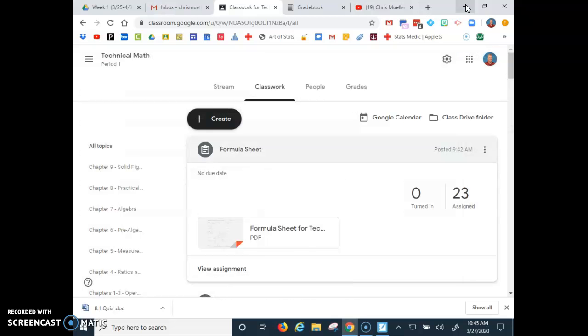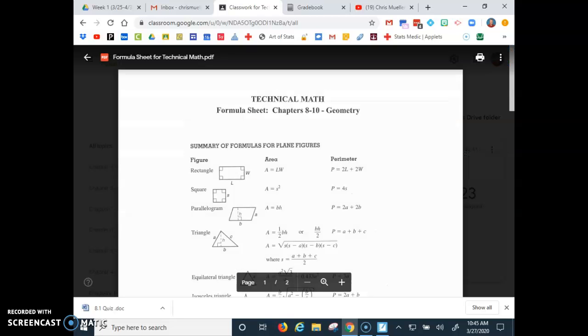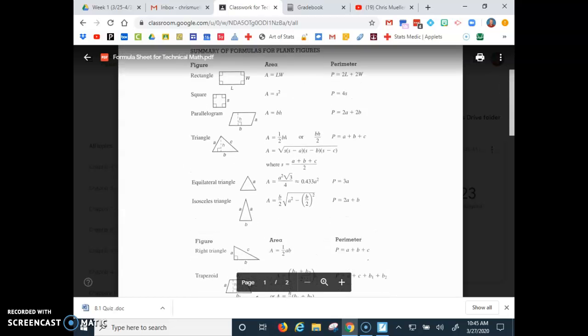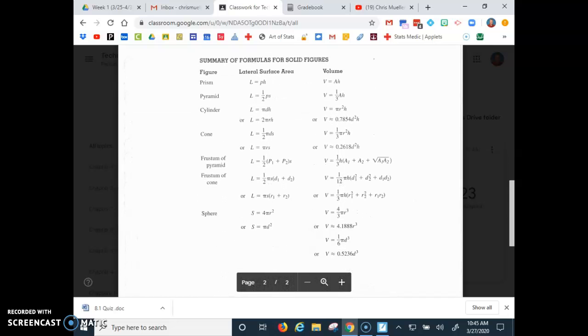If you don't have yours, then here it is. The front has all the area formulas. The back has your lateral area, and I don't like to say lateral surface area, just lateral area, and then your volumes. And we're looking at pyramids, which are right here. So, you have that at your disposal.